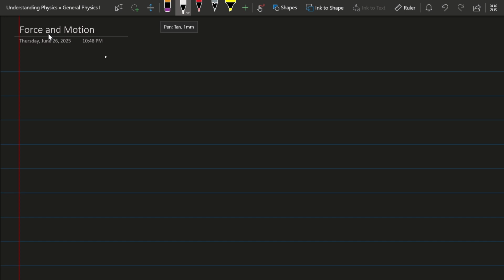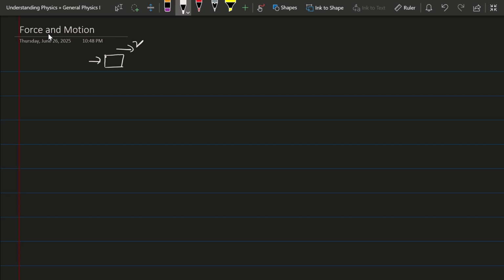People might think that force is a push or pull on the object, which is true. But here's the thing: back in the day, people thought that if you push an object, it will have a certain motion or velocity.